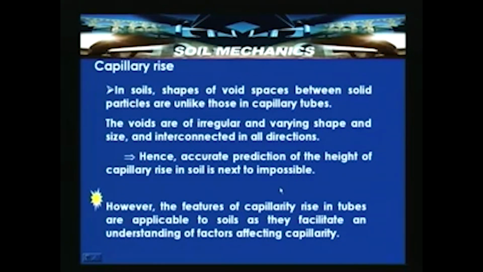Hence, accurate prediction of the height of capillary rise in soil is next to impossible. However, the features of capillary tubes are applicable to soils, as they facilitate an understanding of the factors of capillarity. As long as they provide an understanding of the process, this analogy can be used to understand capillarity behavior.